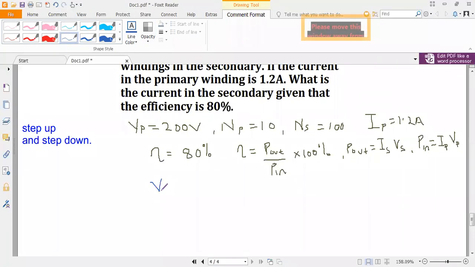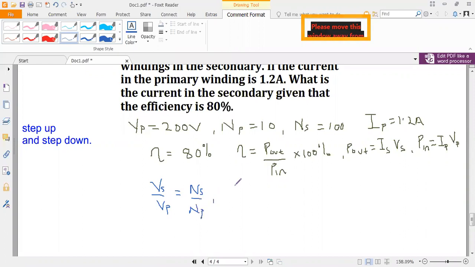If we have the potential in the secondary as Vs and the potential in the primary as Vp, then Vs over Vp is equivalent to the number of turns in the secondary coil divided by the number of turns in the primary coil.